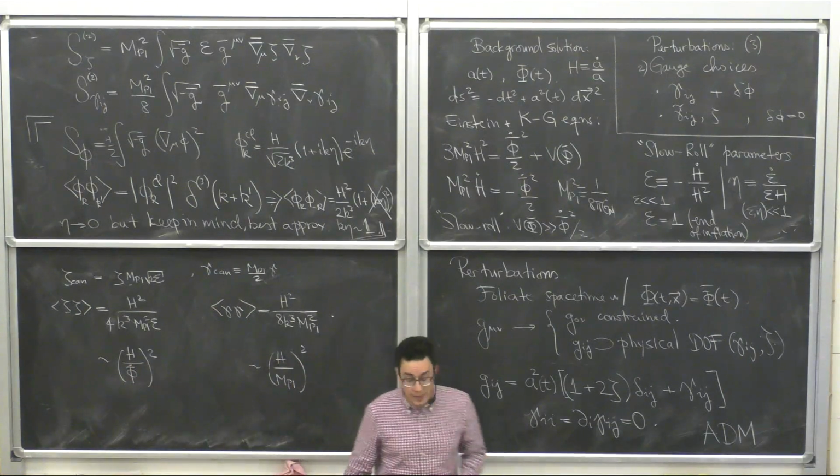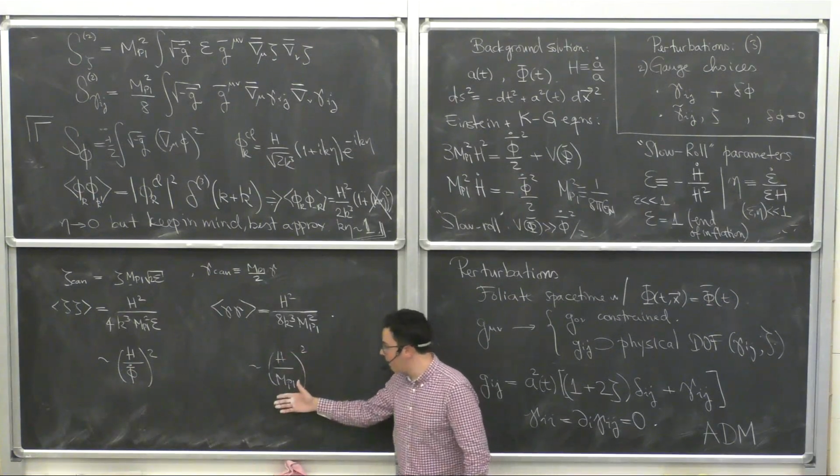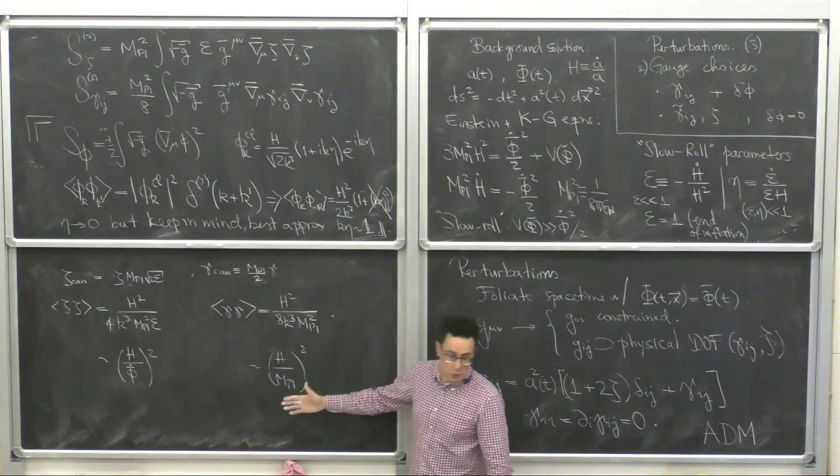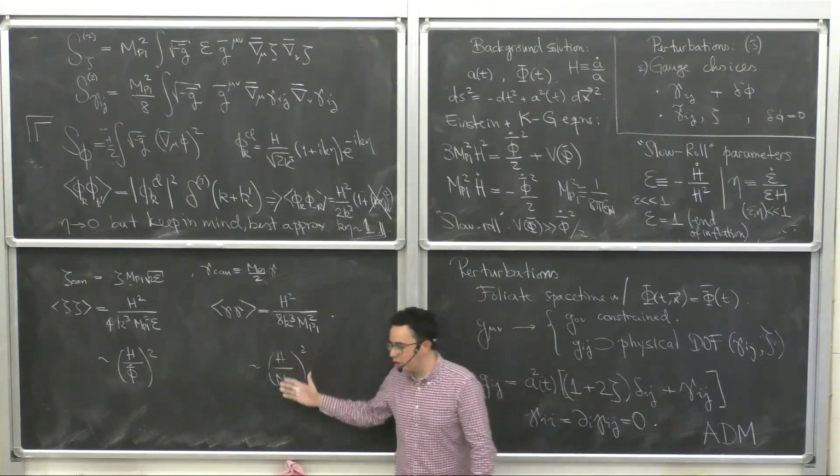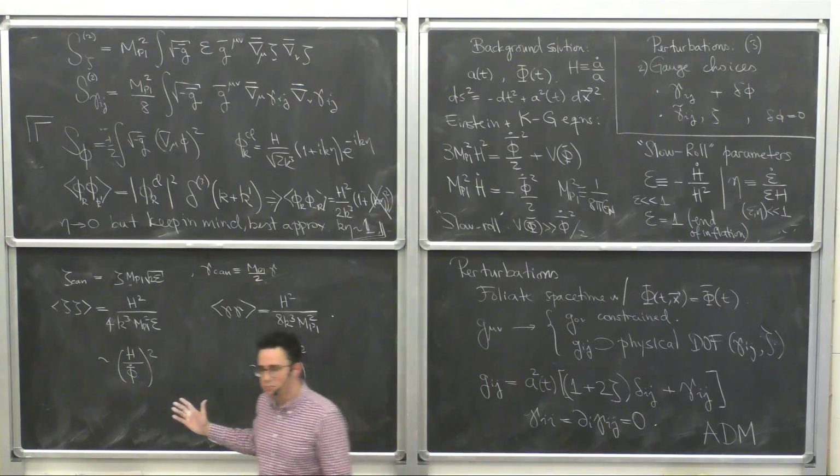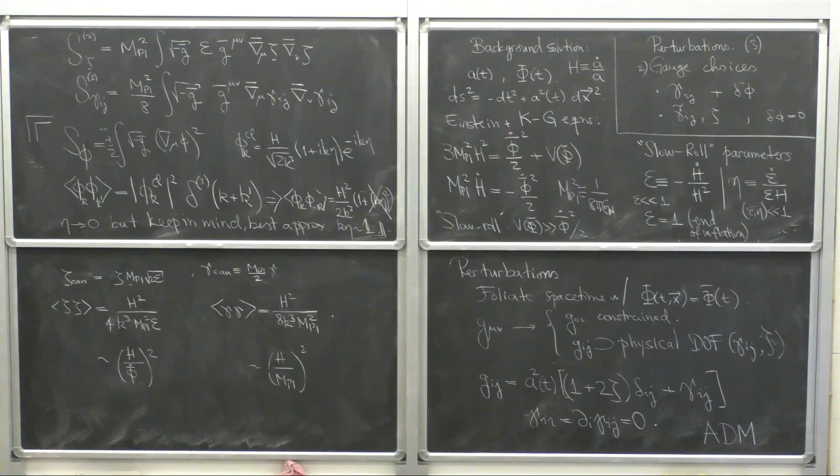And this implied that h is of order 10 to the 14 GeV, meaning we're 5 orders of magnitude away from the Planck scale during inflation. That would be fantastic, no? Can you imagine? Nature just hands to you on a plate the theory of the initial conditions at an energy density scale that is 5 orders of magnitude away from the Planck scale.